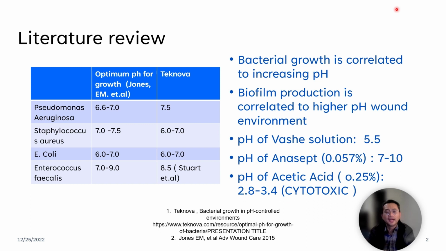However, even its effectivity for Pseudomonas is controversial in the literature. But in my experience, as soon as I see a greenish discharge, I cleanse the wound with acetic acid, and usually it takes 1 to 2 times, and the greenish discharge would go away, and then the wound will start healing again.